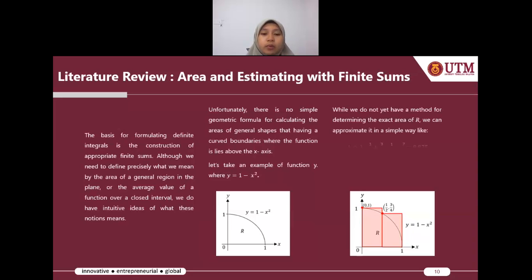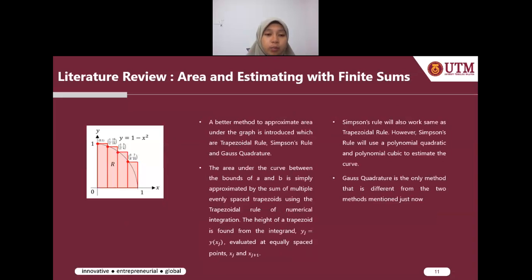Let's take an example where y equals 1 minus x squared. We approximate the area as 1 times 1/2 plus 3/4 times 1/2, which equals 0.875, where the estimation is larger than the true area since we only use two rectangles.